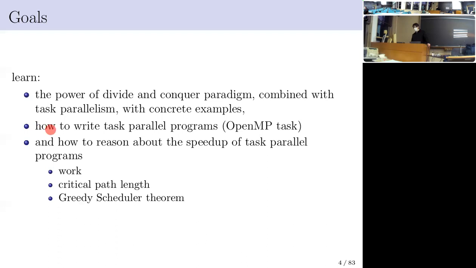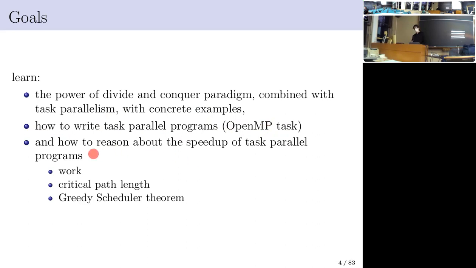Of course, one topic is, given divide and conquer algorithms, how to write task parallel programs, and how to parallelize them using task parallel primitives, which we've already discussed before. So OpenMP task parallelism. But this is basically a review of OpenMP task parallelism.